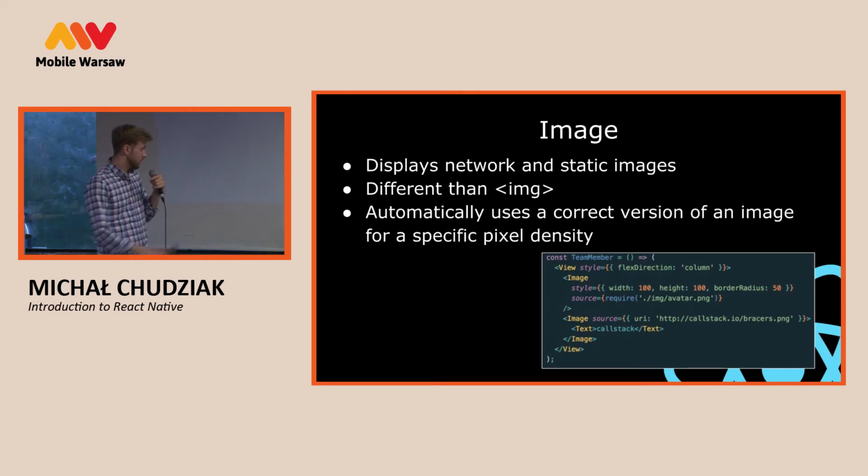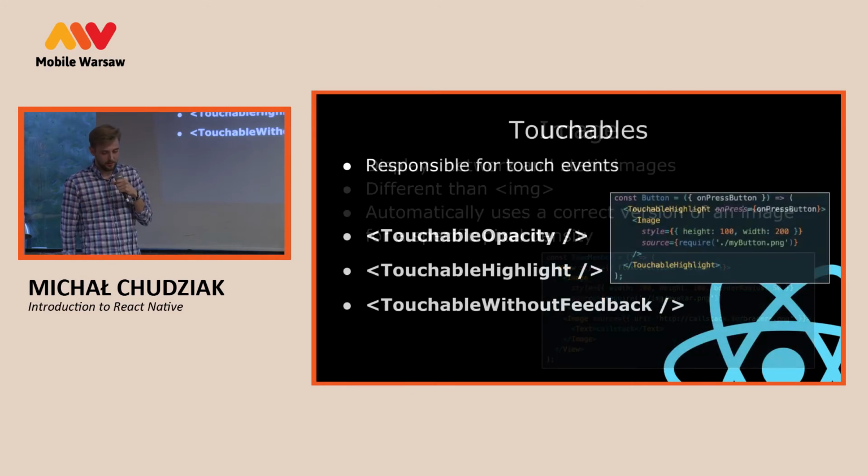Also, you can load an external image with the Image component, and you just have to give the source prop an object with a uri key and the URI to your image.